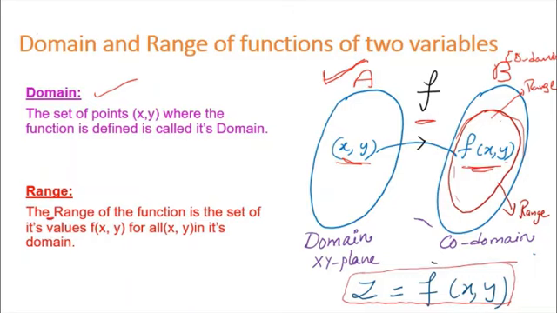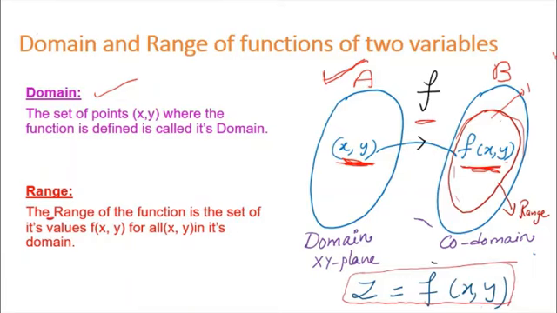And the function is z equal to f of x comma y. This is already written here: domain, codomain and range. Codomain means it will have all the elements in B, but those which are the images mapped from x, y will be in the range, the set of all f of x, y. So here the domain is A, the set of points x, y where the function f is defined; for what values the function is defined is called the domain.